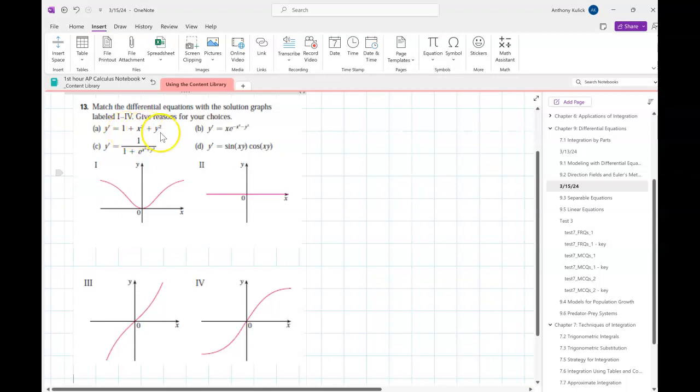Clearly it can't be number 1, because you have 1 plus positive things, so you're never going to be 0 all the time. And this one, 1 over 1 plus a positive, can't be 0 all the time because the fraction has a numerator of 1 in it. So it's down between these two.